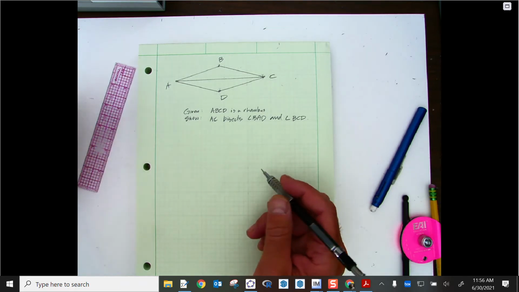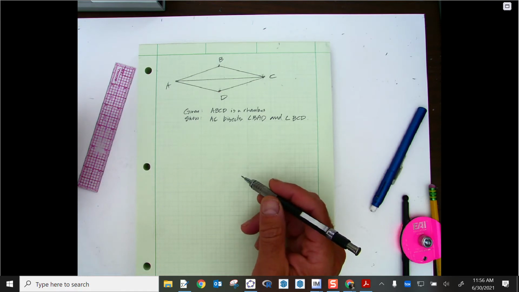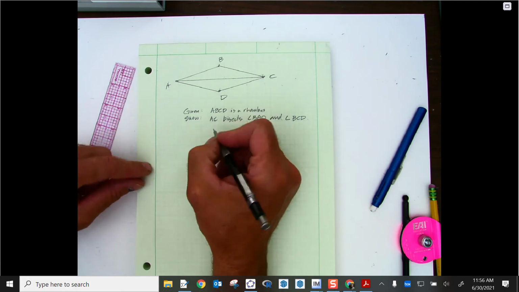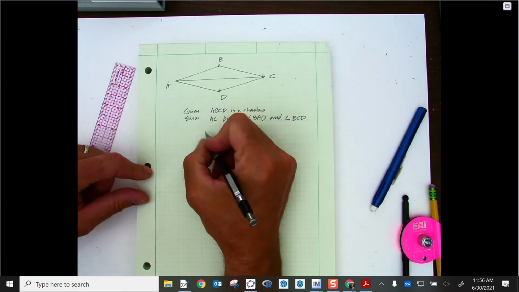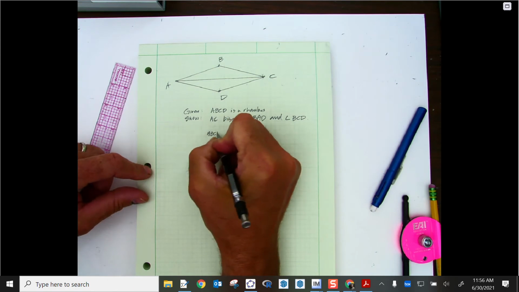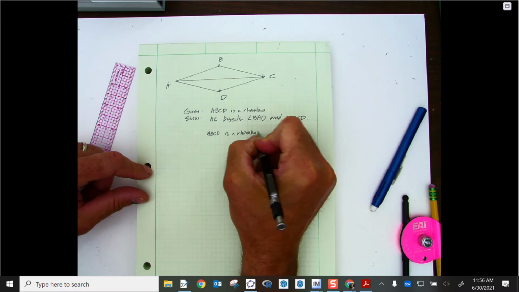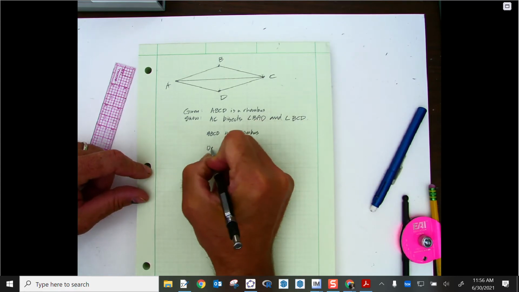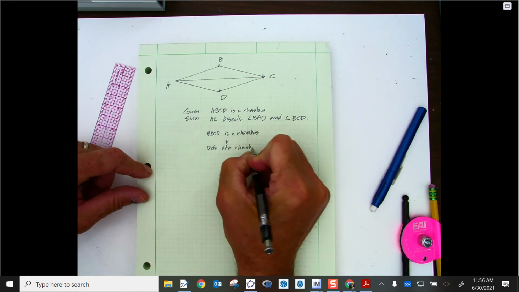So let's start off first with the definition of a rhombus. We'll start with ABCD is a rhombus. If we apply the definition of a rhombus, what do we get out?